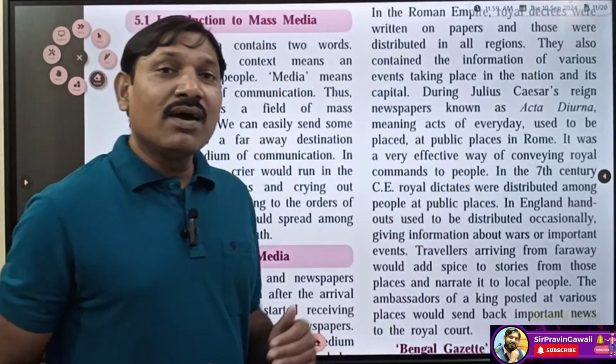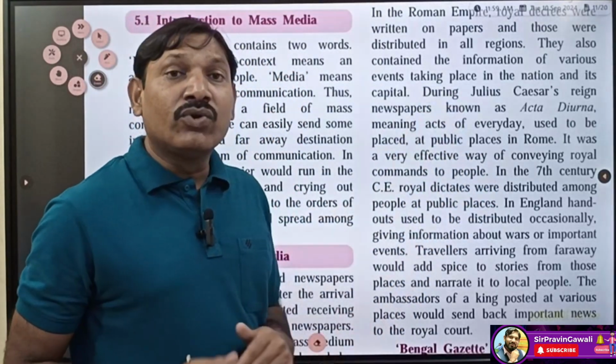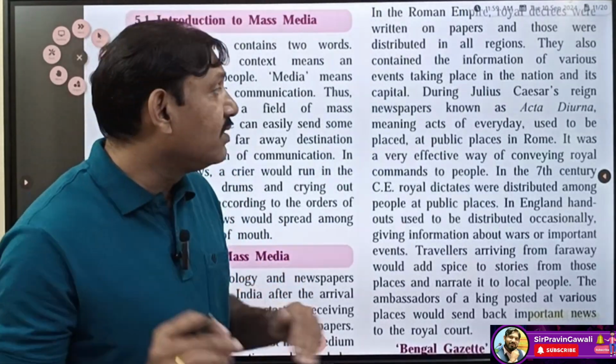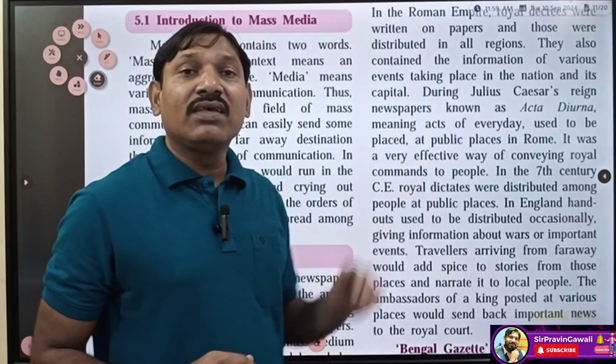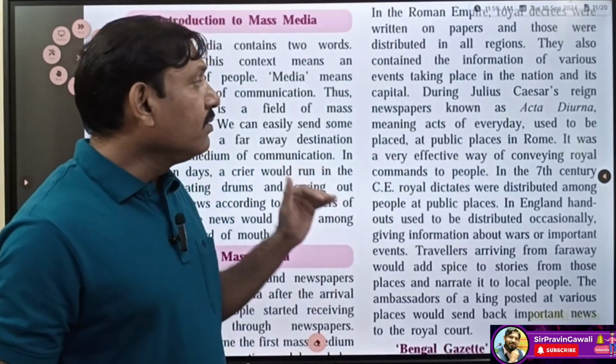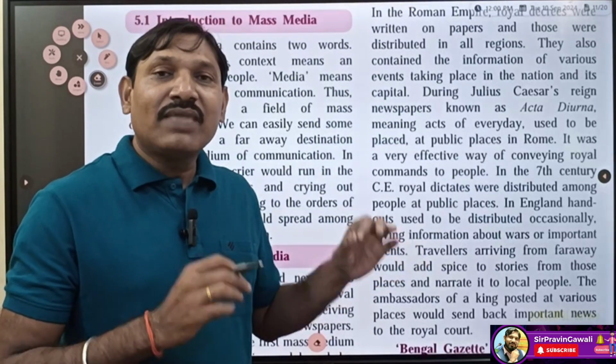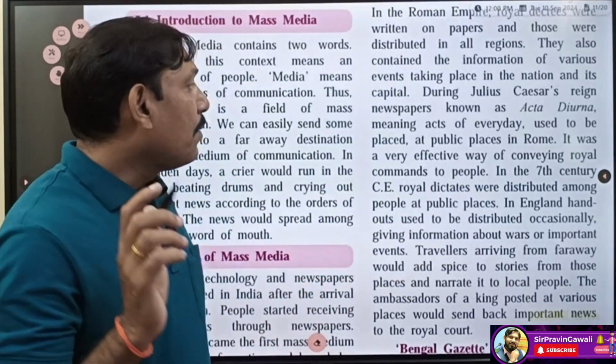Now see, during the period of Julius Caesar in Rome, one kind of paper was published, that is Acta Diurna. And what is meant by Acta Diurna? It means the acts of everyday, whatever happens daily, that was published in the papers.